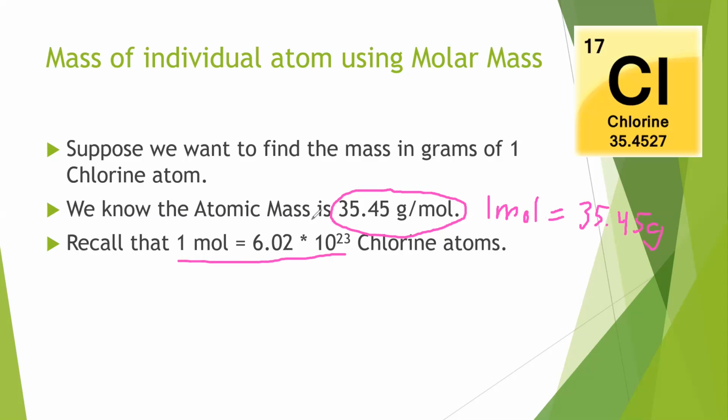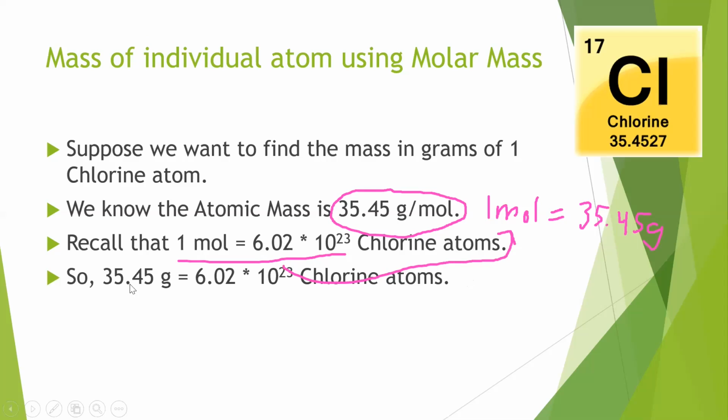Okay. And then we could substitute this value in, so once we substitute this in for the moles, we can get this equation, 35.45 grams equals 6.02 times 10 to the 23rd chlorine atoms. Because in the beginning, we had 1 mole equals 35.45 grams, and we recall that 1 mole is 6.02 times 10 to the 23rd atoms.